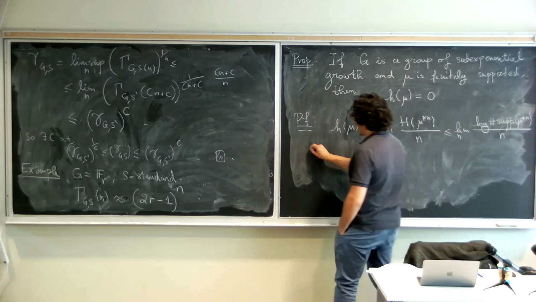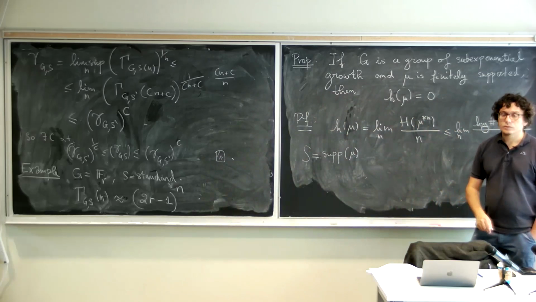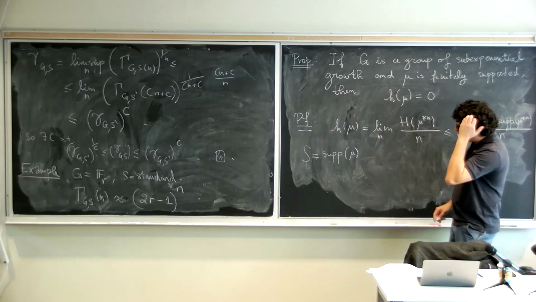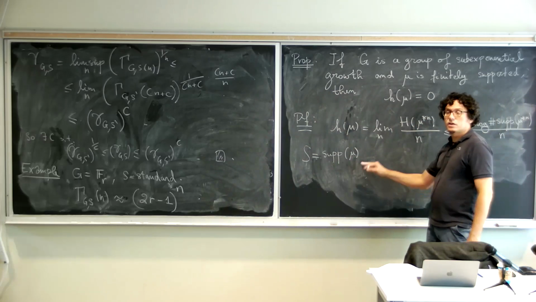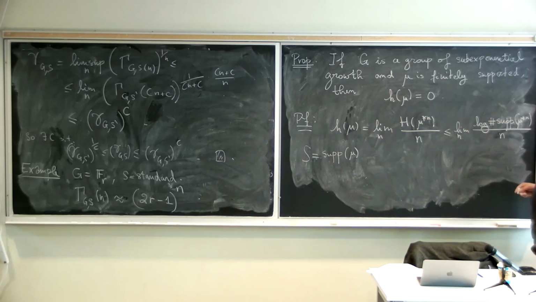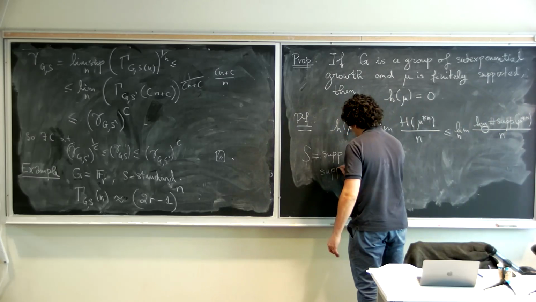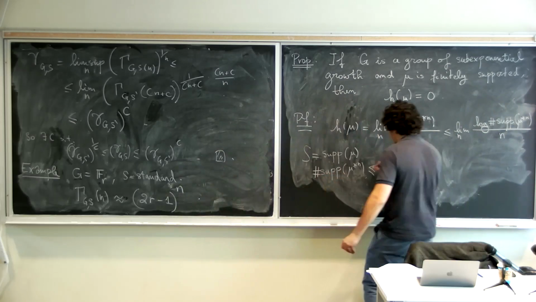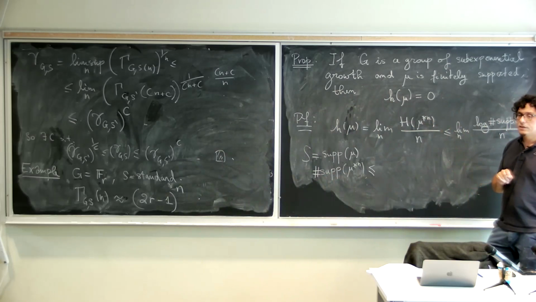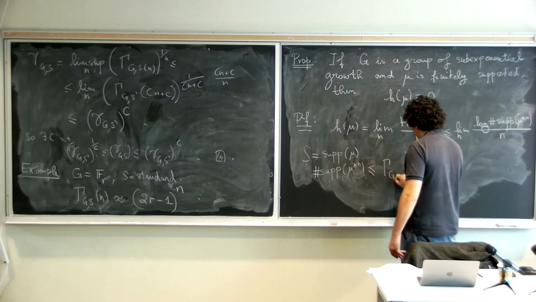If you set S to be the support of mu, and let's suppose that the support of mu generates, then the cardinality of the support of mu n is bounded above by the growth of the ball, gamma G, S n.